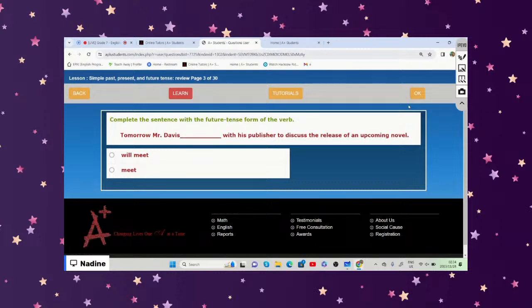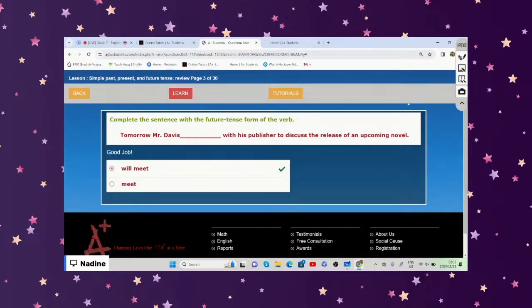And if we select the correct answer, especially in the future tense, yes, we will say will meet. And will meet is correct.